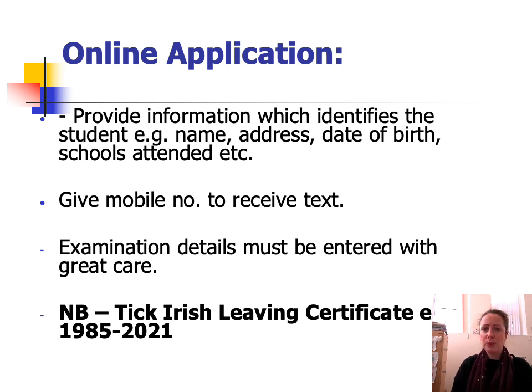Then you choose to take the Irish Leaving Cert, 1985 to 2021. It's very important that this is ticked instead of the other options, which are perhaps applying as a mature student or other categories. So it's very important that you tick the box for the Irish Leaving Cert.